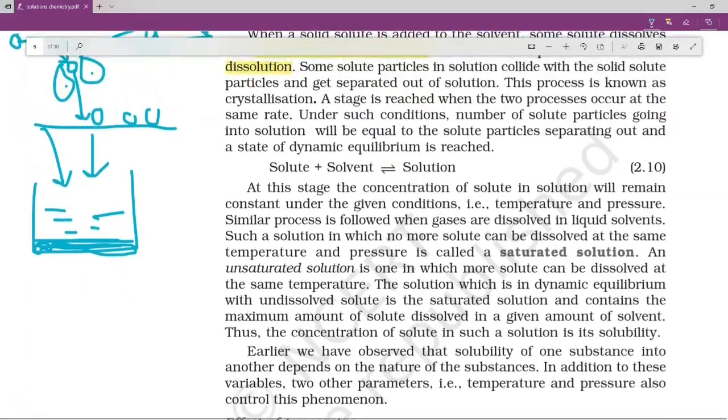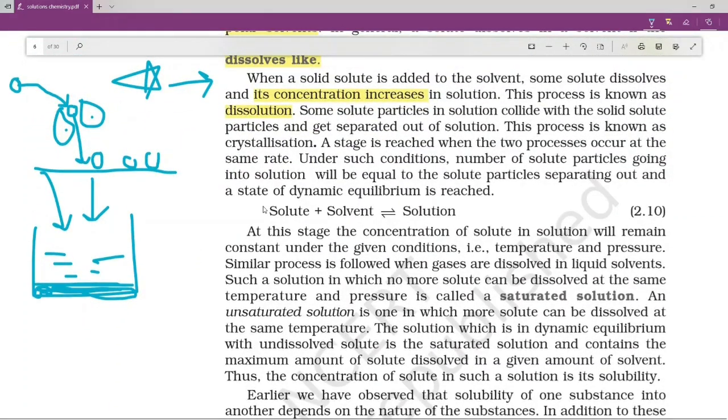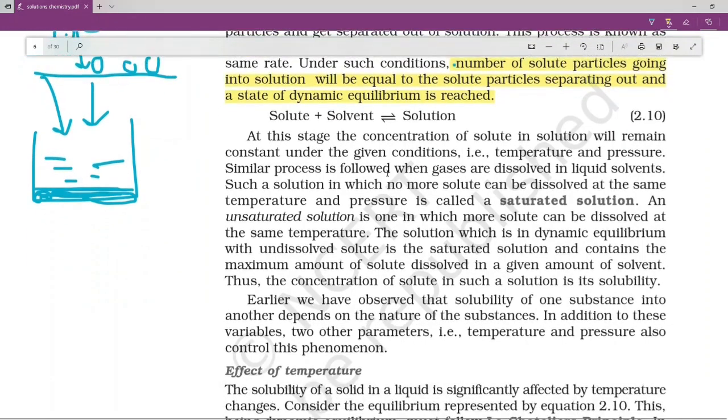So a dynamic equilibrium exists. Dynamic equilibrium in the sense that when you start stirring the solution with the help of a spoon, then only this type of phenomenon will be observed. So in the condition of dynamic equilibrium, you can see here the number of solute particles going into solution will be equal to the solute particles separating out, and a state of dynamic equilibrium will be reached.